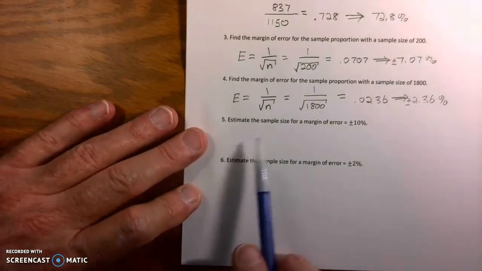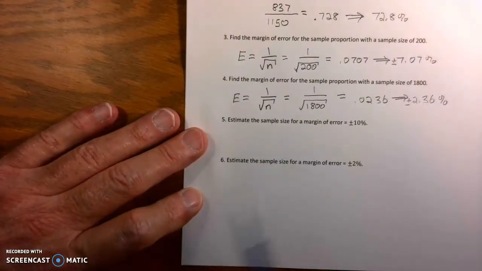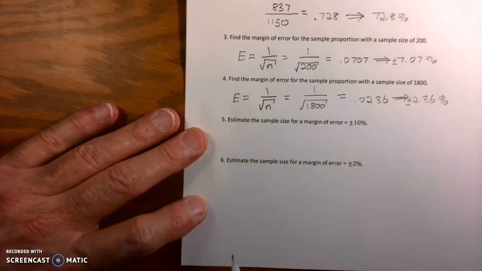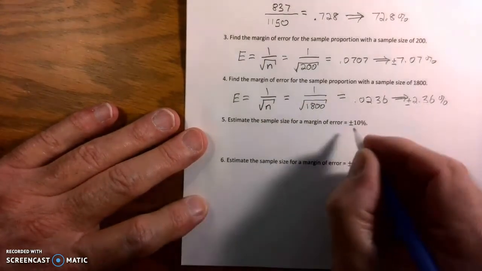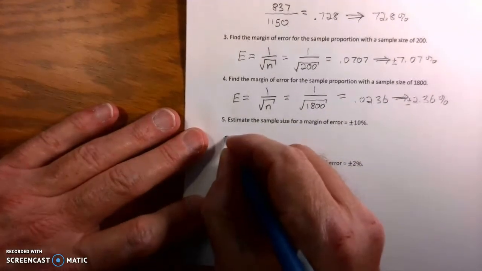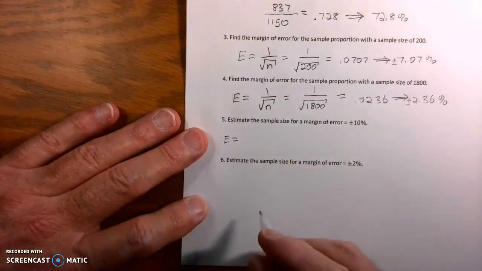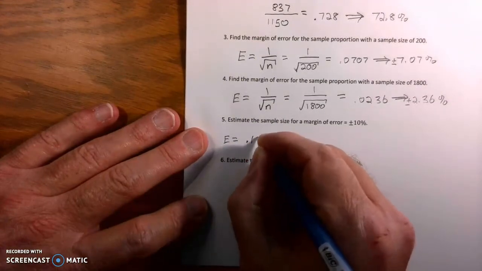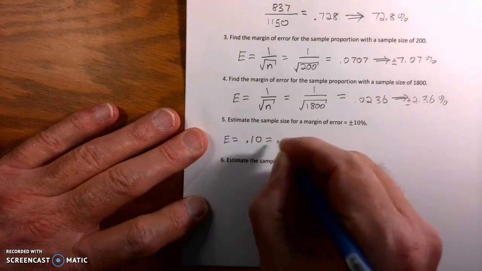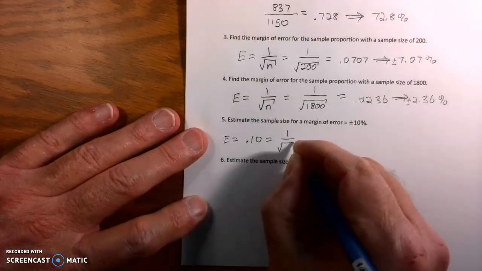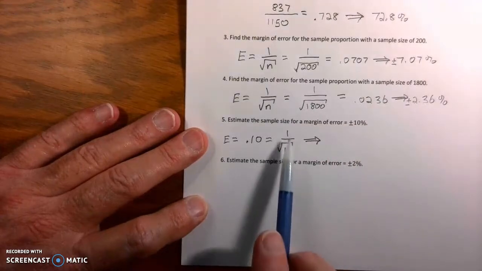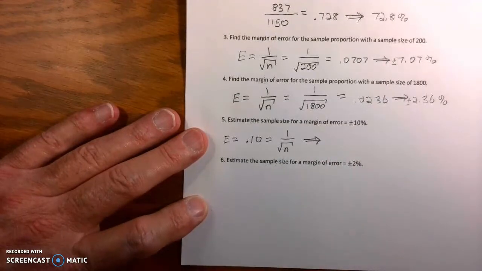Okay. 5 and 6, they want to know the sample size. They give you the margin of error, plus or minus 10%. All right, so margin of error, 10%. Remember, that's 0.1 or 0.10. That equals 1 over the square root of n.